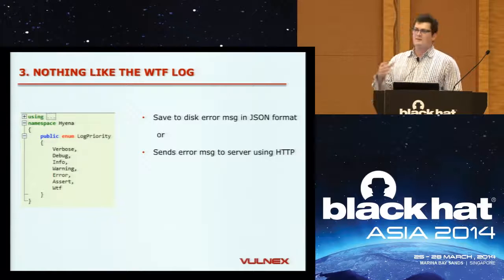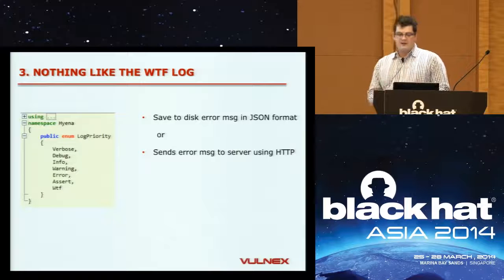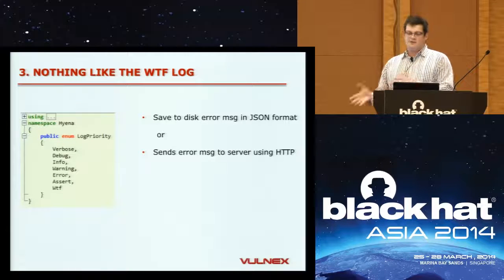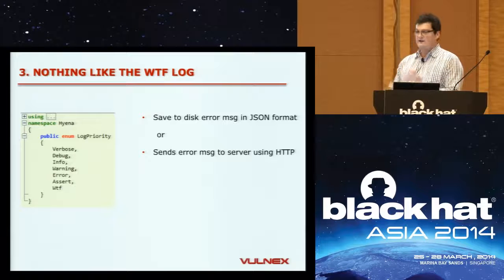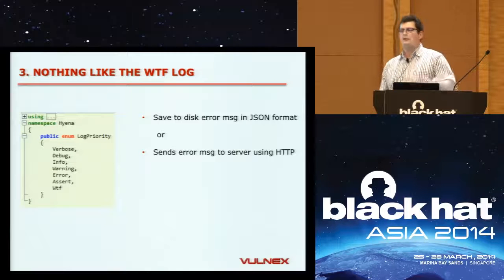And the funny thing is, when an error happens in this application and it has the WTF priority, one of two things happens. It will save this error message to the device, or it will send it to a server in clear text over HTTP. If this error happens, it will not tell the user it's taking this log and sending it, so it's completely transparent to the user.